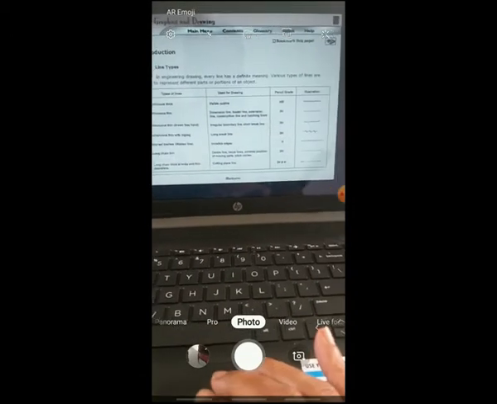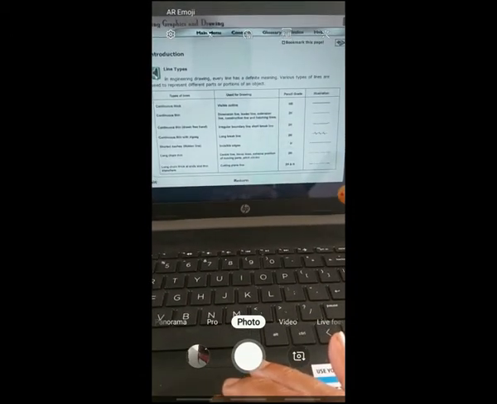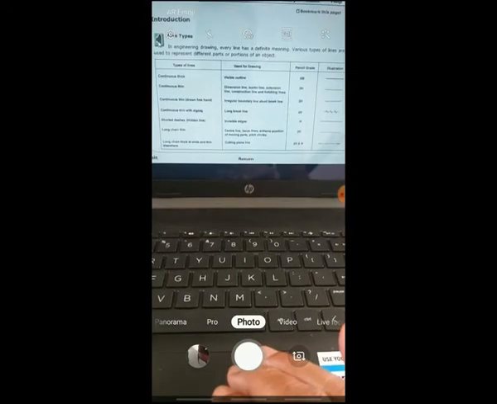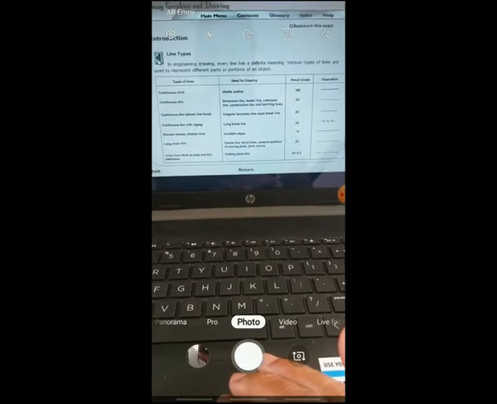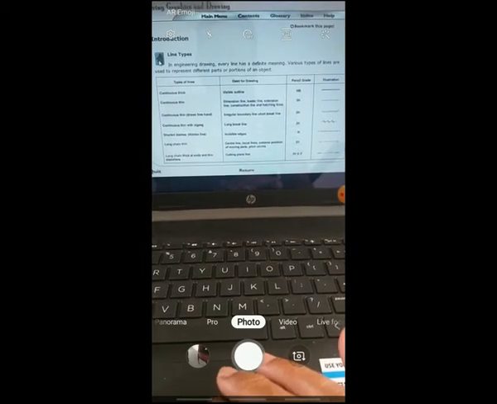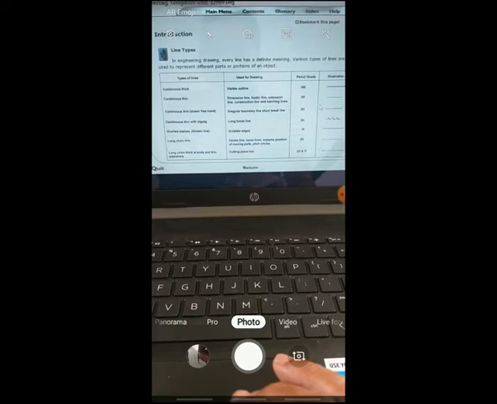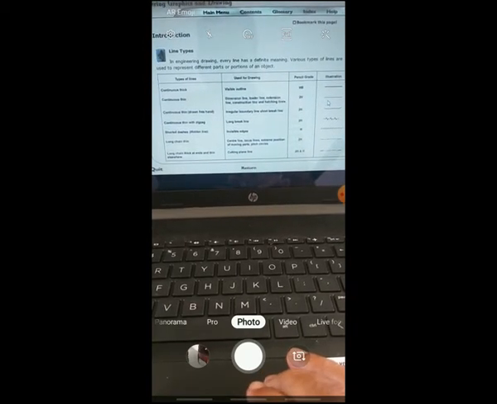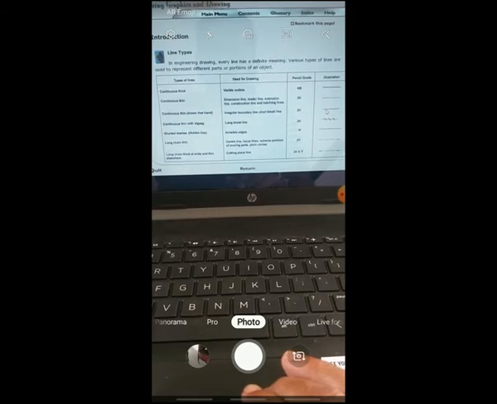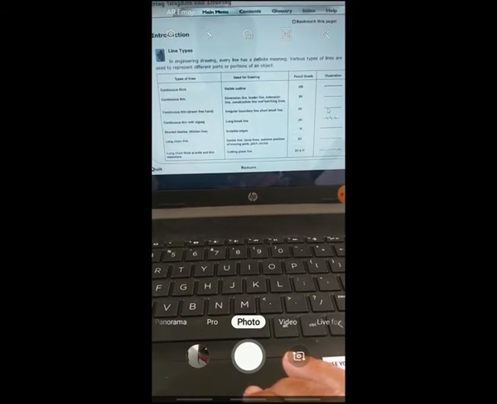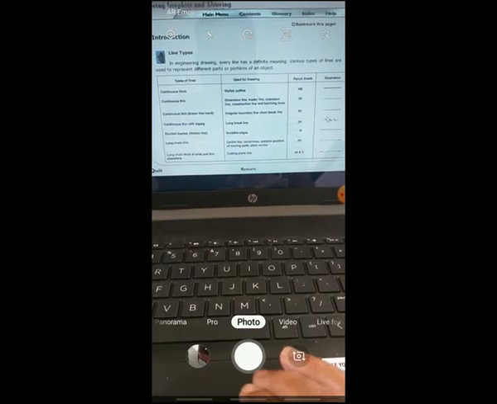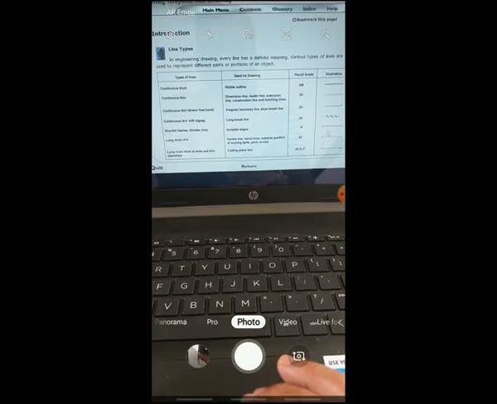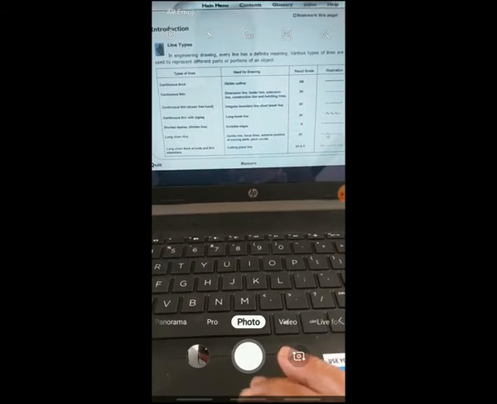Line types. In engineering drawing, every line has a definite meaning. Various types of lines are used to represent different parts or portions of an object. See, this is a continuous thick line, continuous thin, freehand continuous thin, continuous thin with zigzag, short dash hidden lines, and long chain thin.